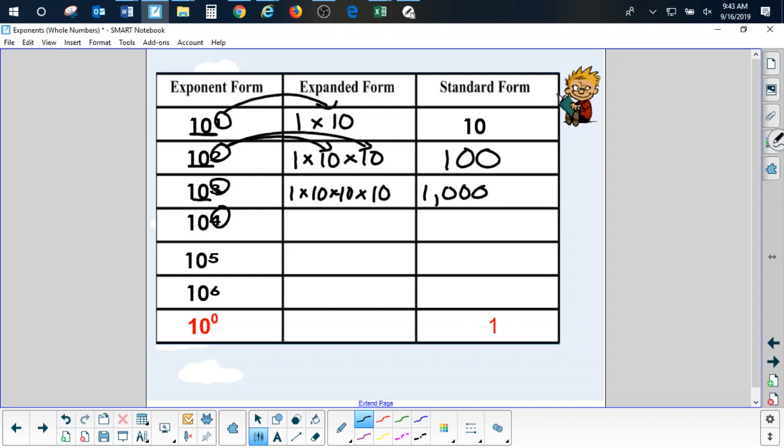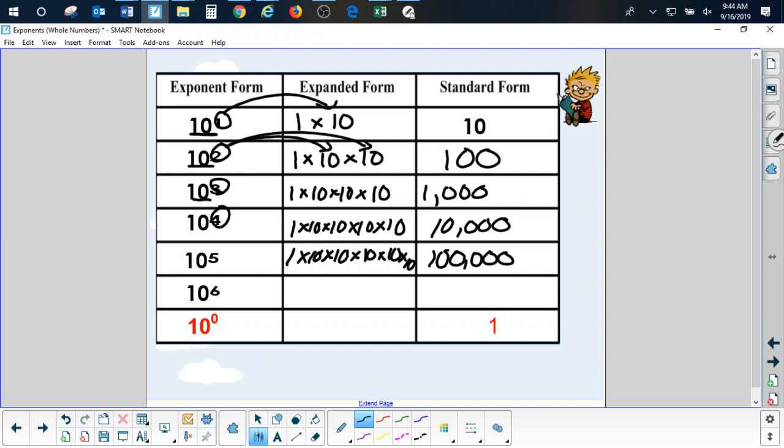The next one, I need 4 10s. 1 times 10 times 10 times 10 times 10. If I multiply all those together, I'm going to get 10,000. 5 10s: 1, 2, 3, 4, 5. If I have 1 times 10 times 10 times 10 times 10 times 10, then I'm going to get 100,000.